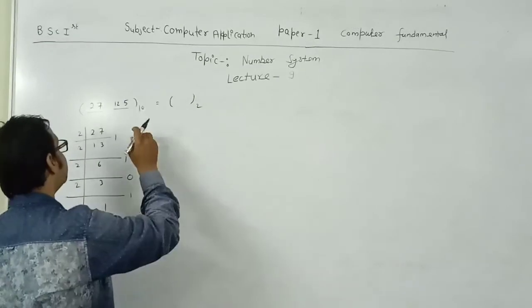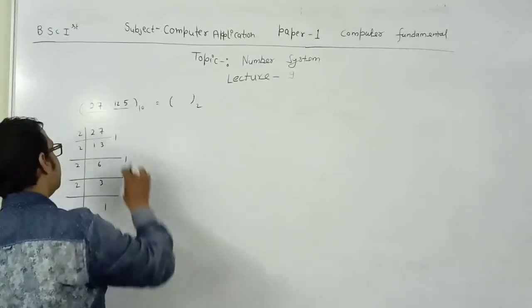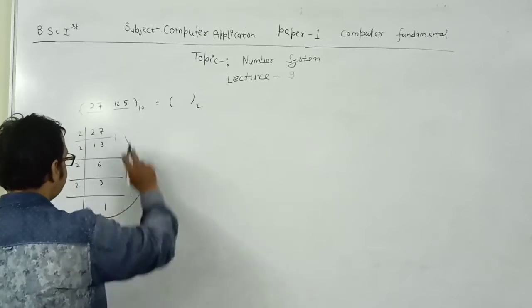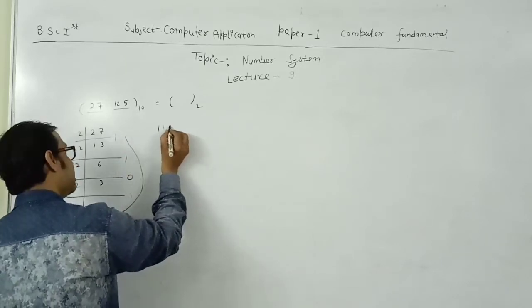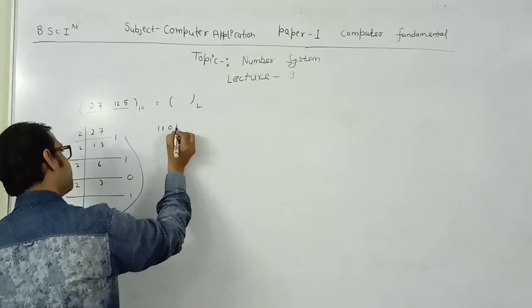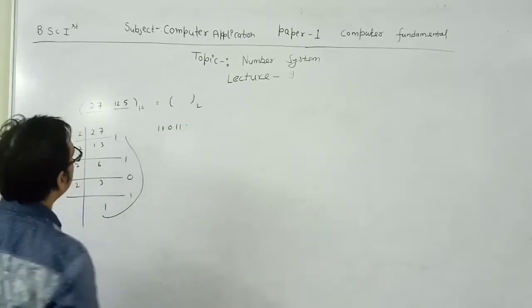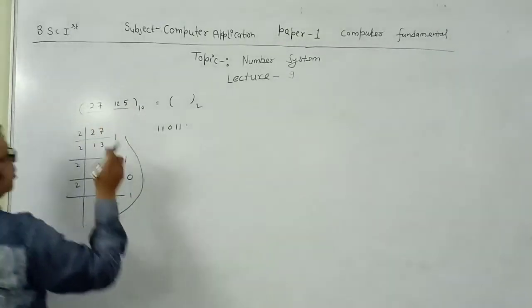This is the conversion of the number 27 into binary, written from here to here: 1, 1, 0, 1, 1. Now you have to convert the fractional part.